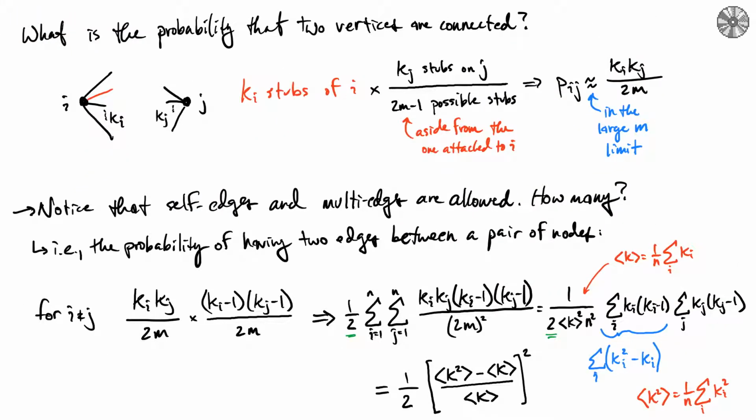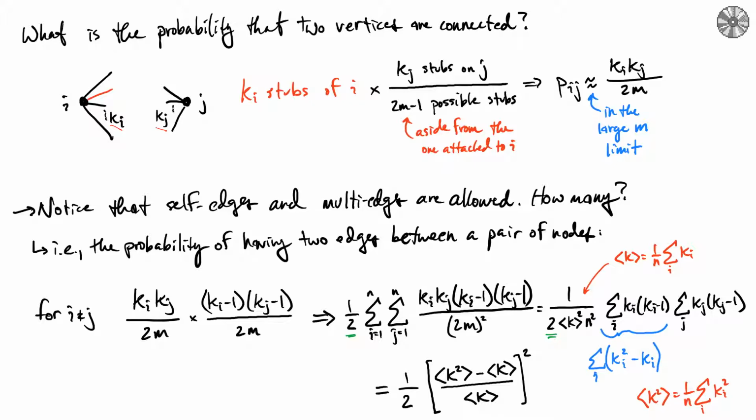One of the most fundamental properties is simply what is the probability that any 2 vertices are connected. If we have a node i and a node j that have degree k_i and degree k_j, and these lines sticking out of i and j represent the stubs, then the probability that we're going to connect means we're going to grab one of the stubs from i and one of the stubs from j.